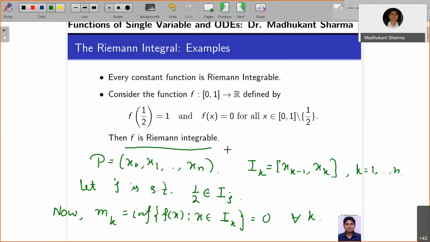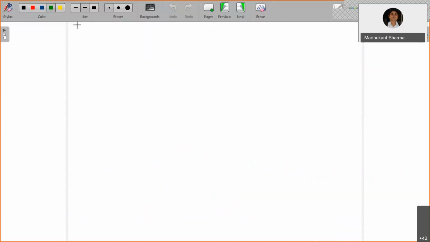Now, what can you tell about capital Mk? By definition it is the supremum of f(x) such that x belongs to Ik.